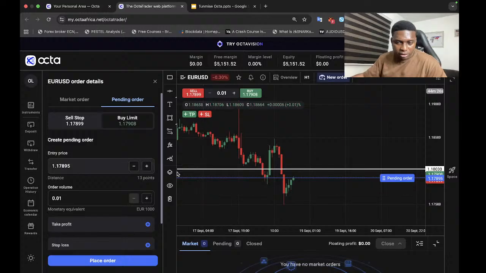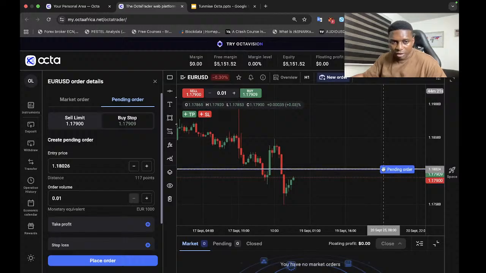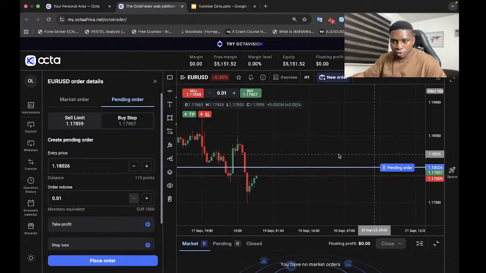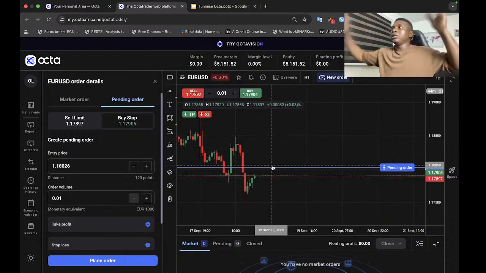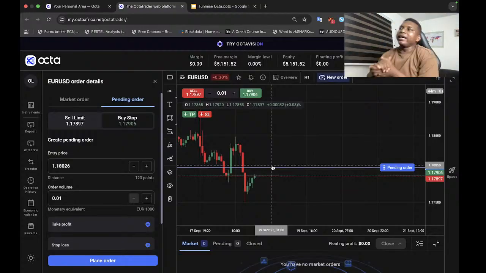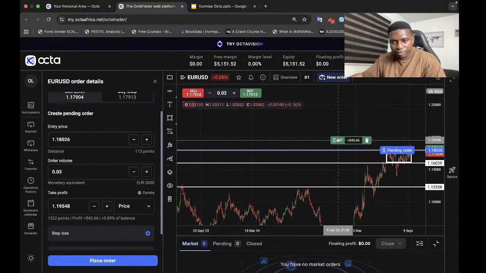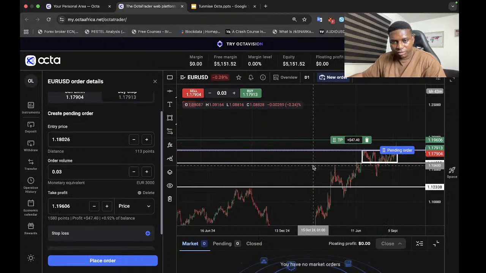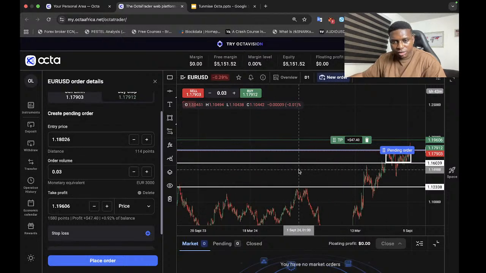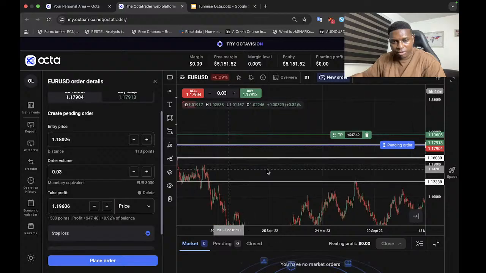This is where we want to set the pending order above price. So this pending order is a buy stop, so we are setting it above the current price. When the current price gets there, the buy is triggered, and then our trade is activated. Let me see where price had gotten to.